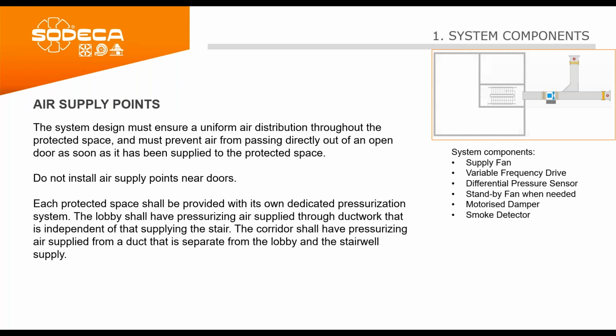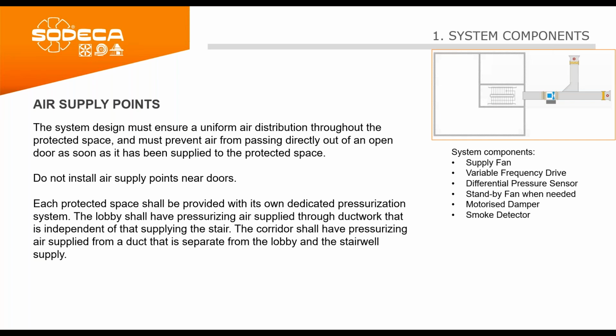The system design must ensure a uniform air distribution throughout the protected space and must prevent air from passing directly out of an open door as soon as it has been supplied to the protected space. So do not install air supply points near doors.